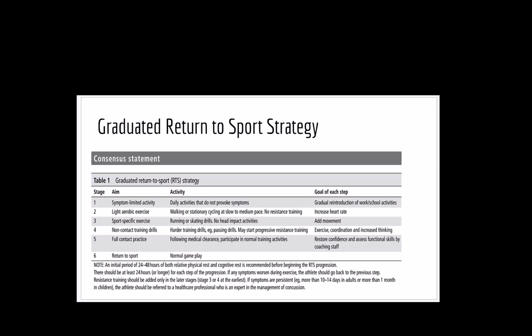You don't skip any of the stages. It's really important that there be at least 24 hours of monitoring symptoms in between each step. If any of the symptoms worsen during the exercise or things don't go well, then we go back to the previous one. They have to have 24 hours of doing this before they can move on to the next one.